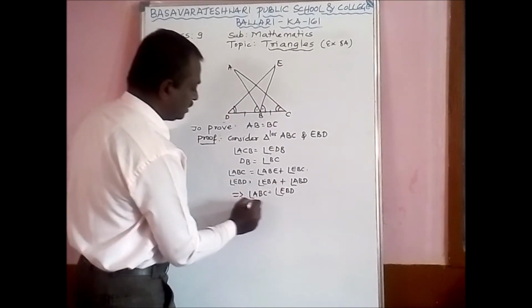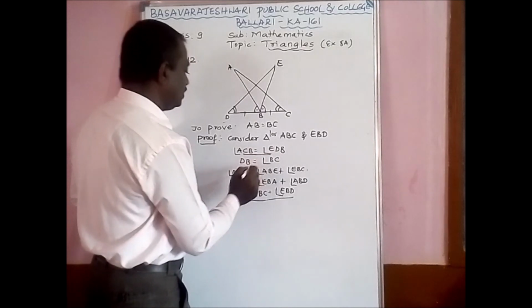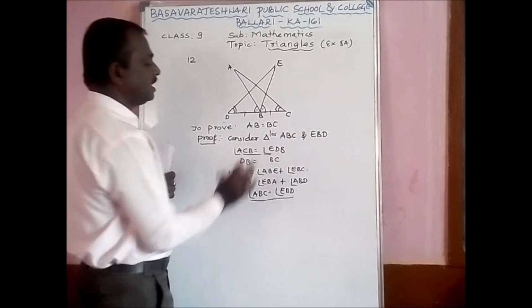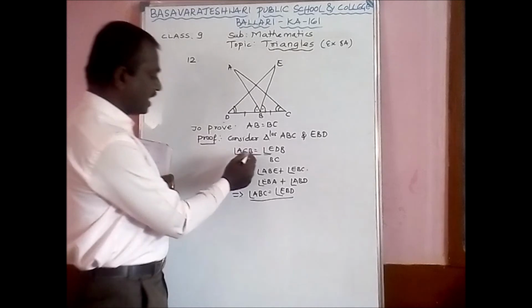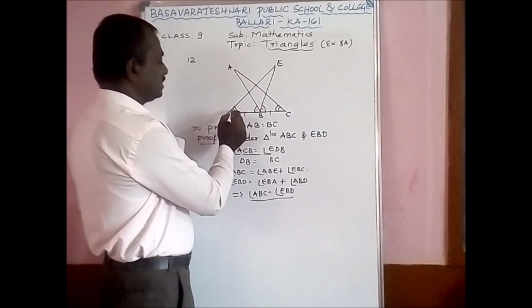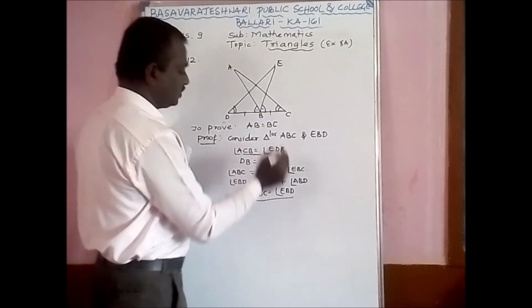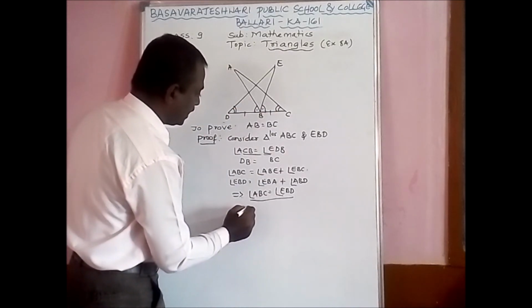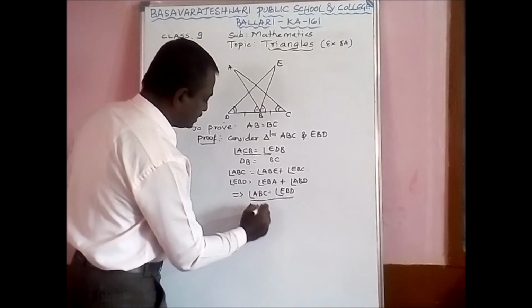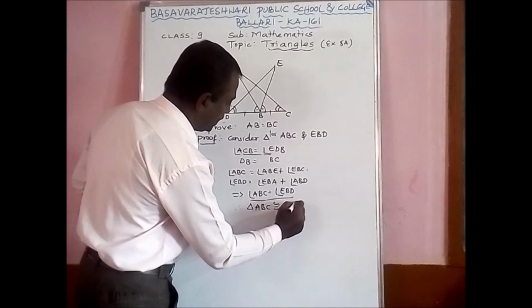Now we got two angles and one side. Two angles, one side, that is angle, side, angle. So therefore we can say triangle ABC is congruent to triangle EBD.